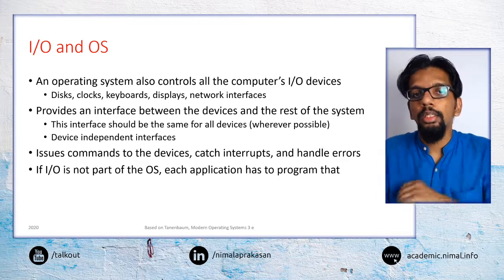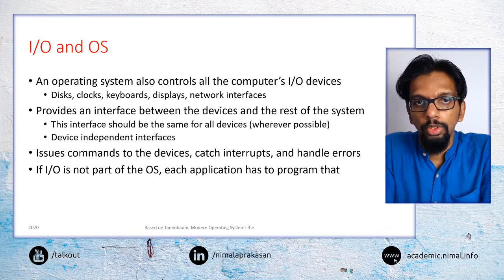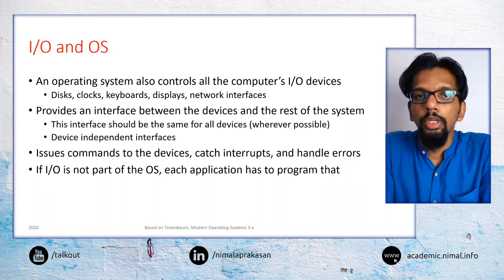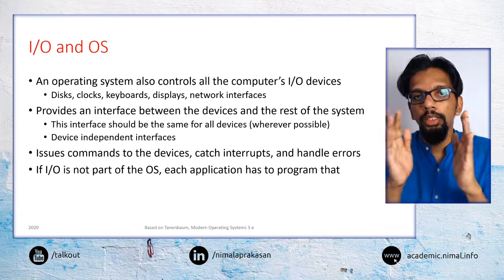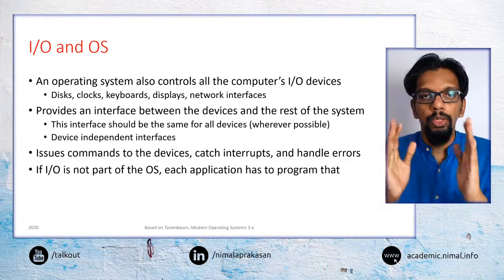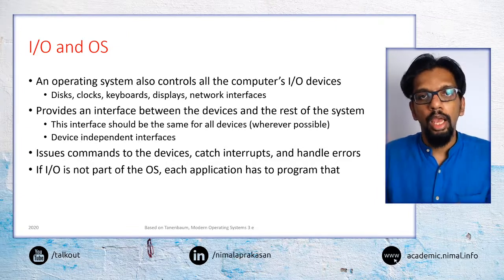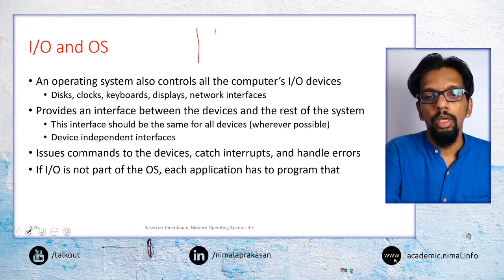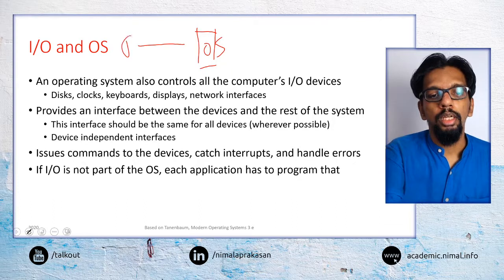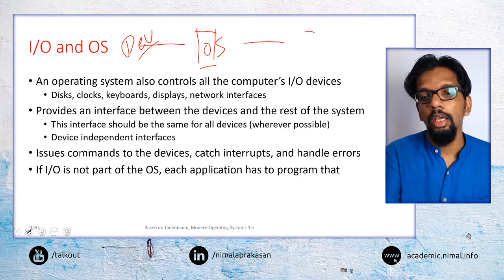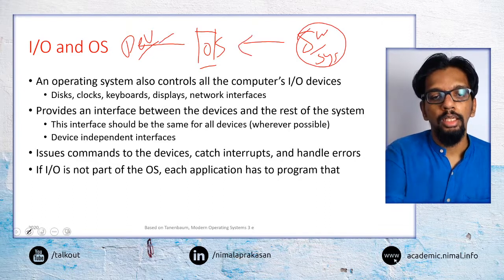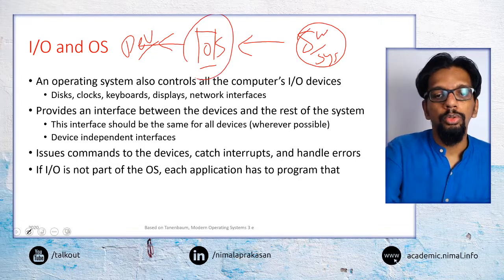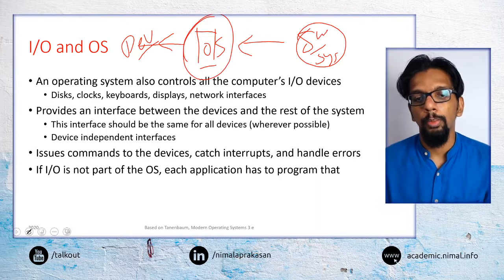And the operating system plays a number of roles when it comes to input output devices. So the operating system will act as an interface between the devices and the rest of the system. So the operating system will be in the middle, and on one side it will be the devices, and any other software or any other system will be able to access these devices through the interfaces provided by the operating system.